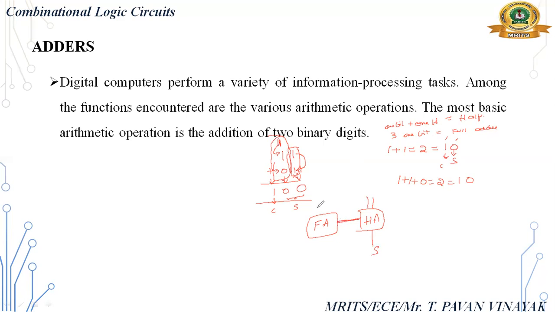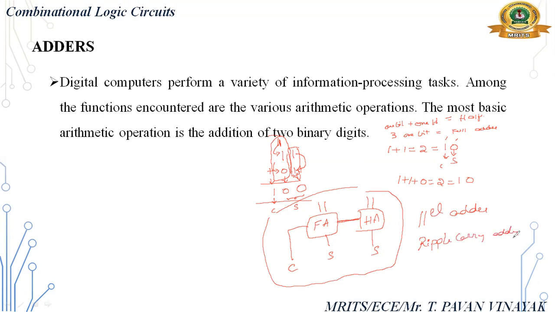So the full adder has two inputs plus this carry, and gives sum here and carry here. So this entire circuit is called a parallel adder, meaning at a time we get the result. It is also known as ripple carry.